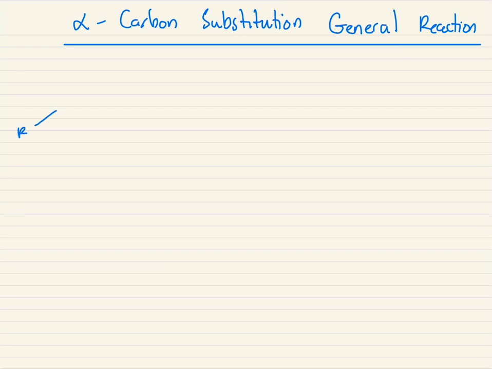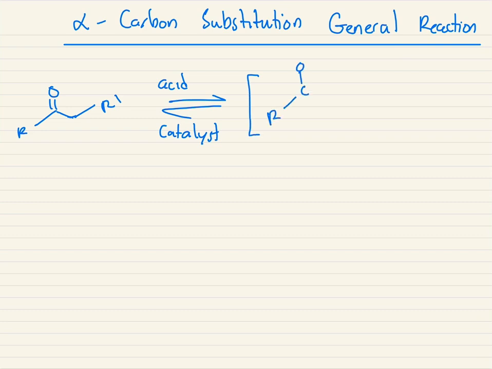We start with some arbitrary carbonyl compound, either ketone, aldehyde, potentially a carboxylic acid as well. And when we add the acid catalyst, last lecture, we talked about how this will generate the enol tautomer of our ketone or aldehyde or carboxylic acid or carbonyl compound, right?